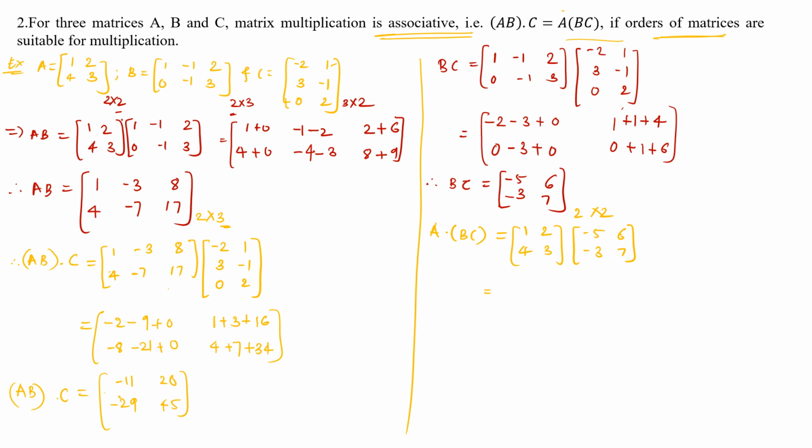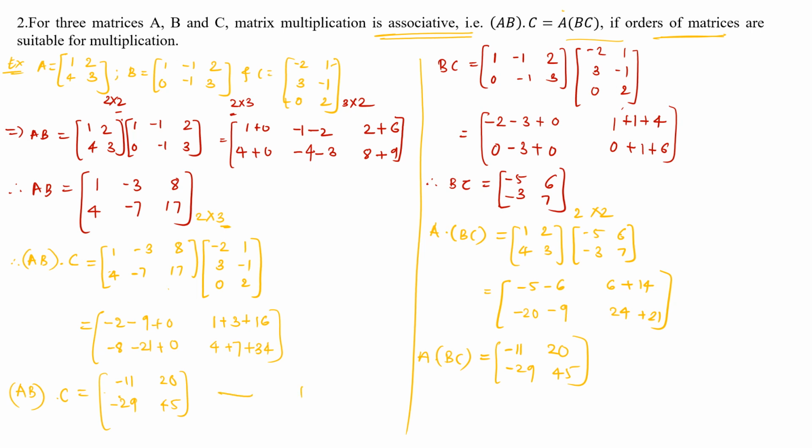So with this the product क्या होगा, -5 -6, then next element क्या होगा 6 plus 14, next element क्या होगा -20 -9 and 6 3 6 4s are, this is going to be 24 plus 21, right? तो further ये क्या होगा -5 -6 that is -11, 26 plus 14 -29, 24 plus 21 45. So a into b into c क्या होगा.